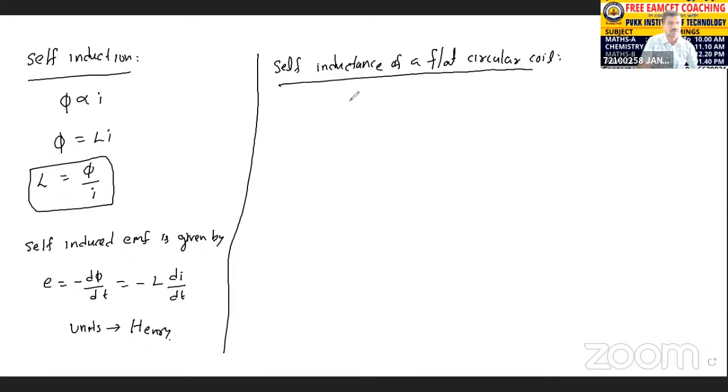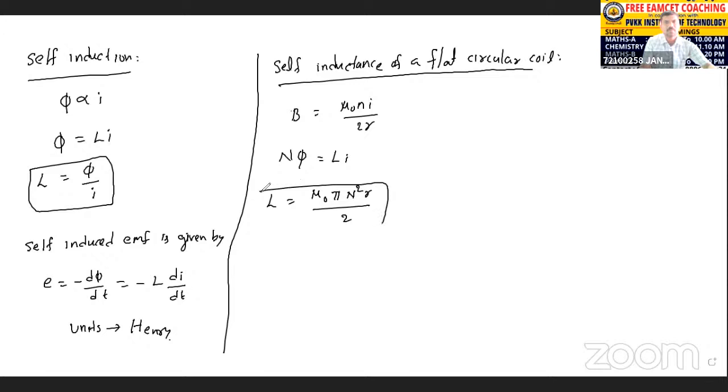You know that the magnetic field at the center of the current coil is B is equal to mu naught Ni by 2R. We learned this in moving charges. So here Nφ is equal to Li, so L is equal to mu naught π N square R by 2.